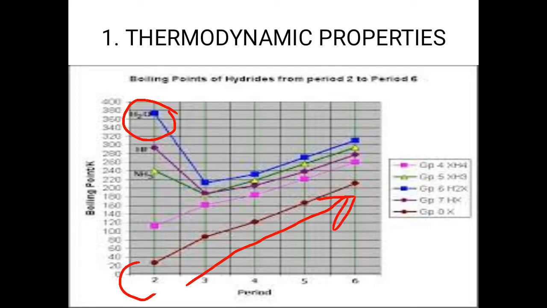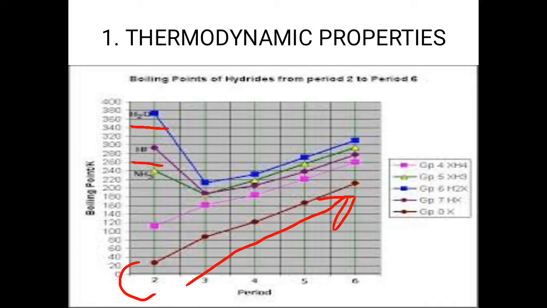All these compounds have unexpectedly high boiling points, and these unexpectedly high boiling points are just due to the availability of hydrogen bonding. So due to more and stronger hydrogen bonding, the boiling points are always high.